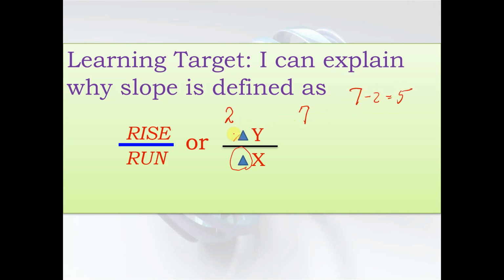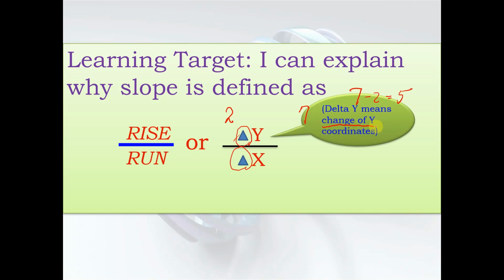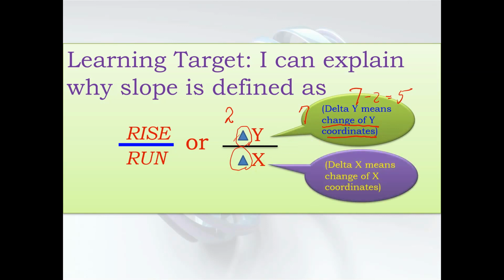That's how you understand this little triangle here. Y stands for the y coordinates, so delta y means change of y coordinates. Delta x, of course, means change of x coordinates.